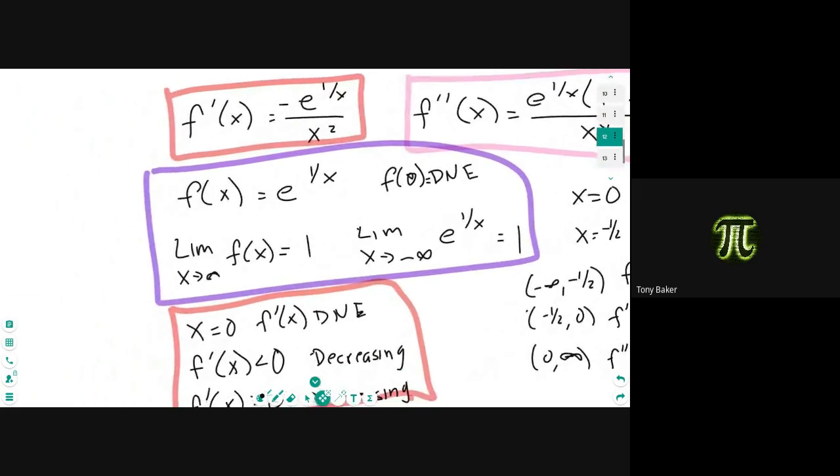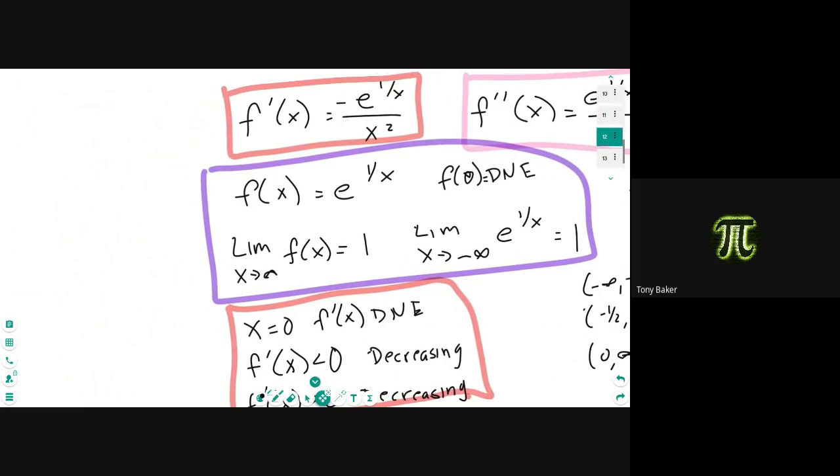So if we look at the limit as x goes to 0 from the right of e to the 1 over x. As we're coming in, going down, that means x is getting closer and closer to 0, correct?